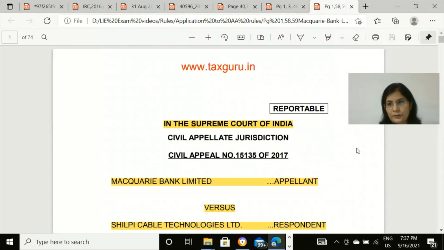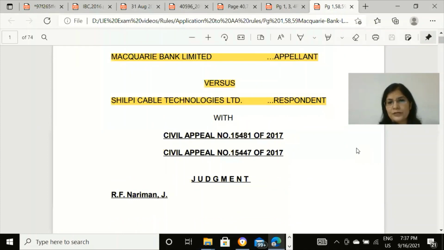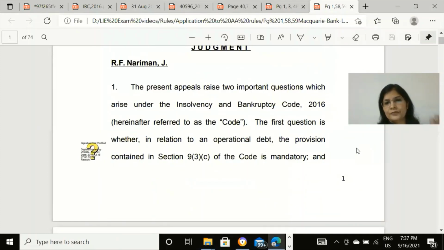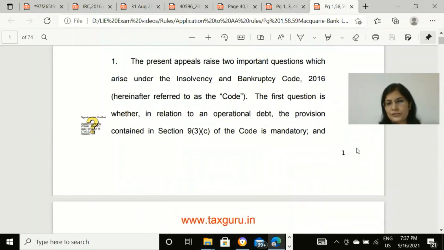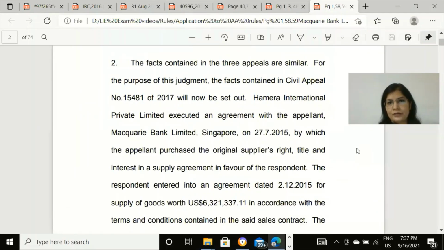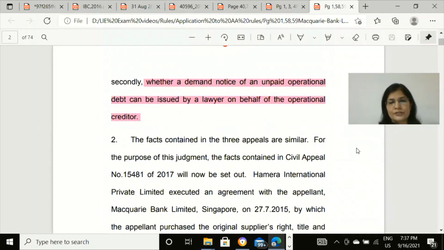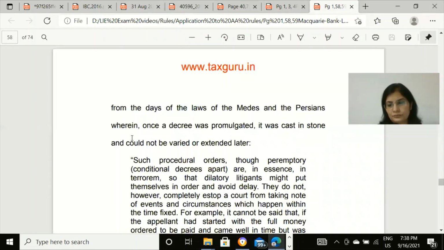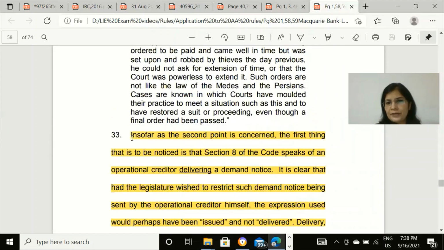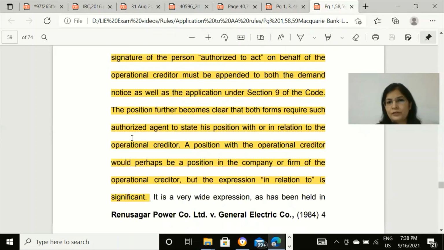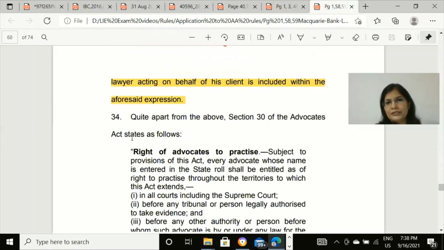That was in Macquarie Bank. The first page itself says it is raising two important questions that we have discussed right now. And on the second question, on which we were focusing, if you go through pages 58 and 59, I have summarized the same thing here also, delivering the Form 3 and Form 5. They say that he can do so.